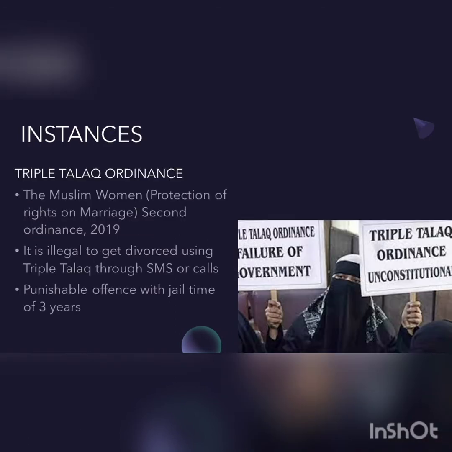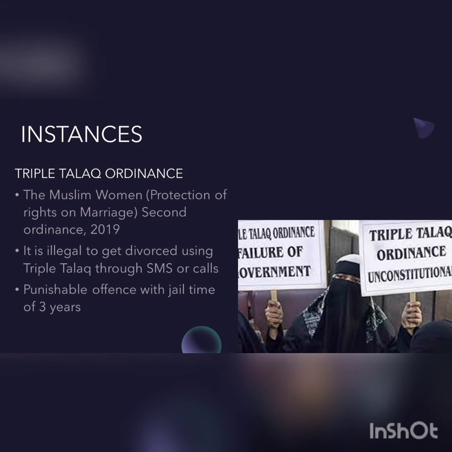One such popular example of an ordinance that was passed is the Muslim Women Protection of Rights on Marriage Second Ordinance 2019, which is related to the triple talaq. Under this ordinance, divorcing by instant talaq through SMS or calls is now illegal and a punishable offense, with a jail term of 3 years for the husband.